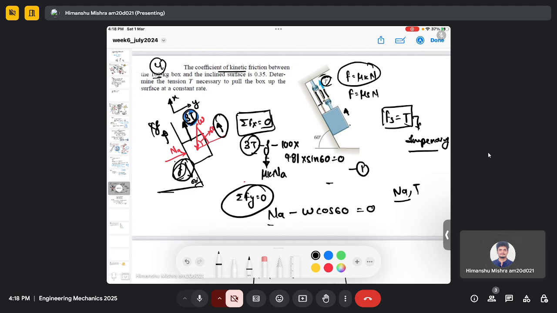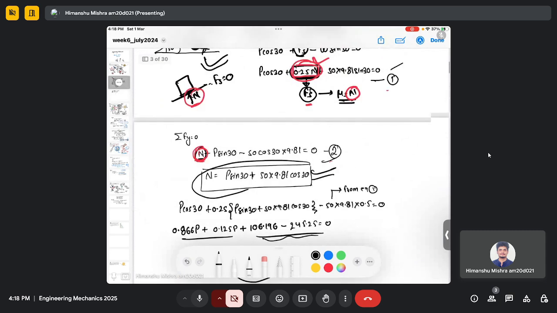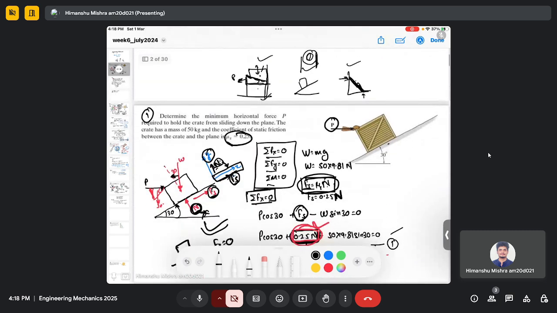So in problem one, where the crate is going downwards, why have we taken it as going upwards? In the question it was given that in order to avoid sliding down the plane, we need to avoid this crate sliding down.